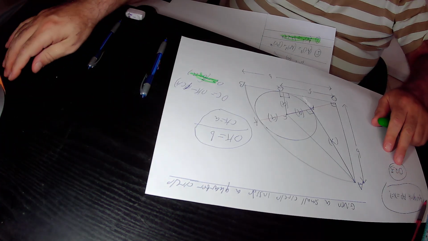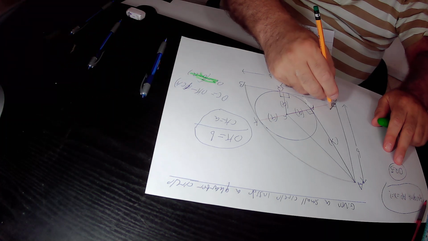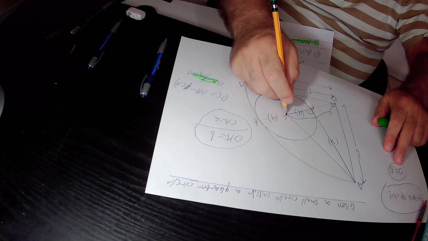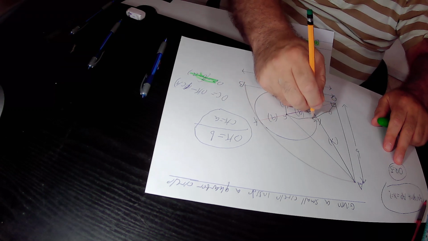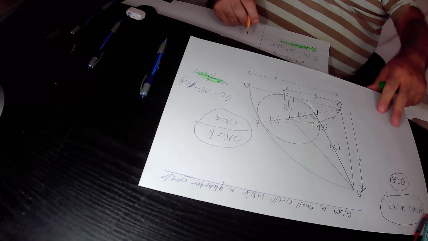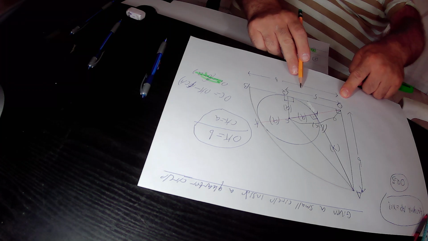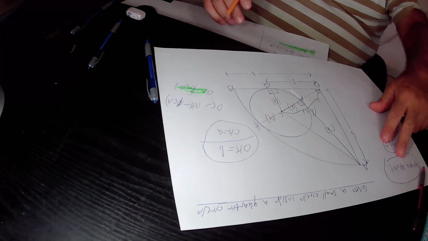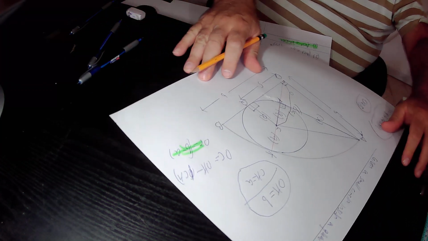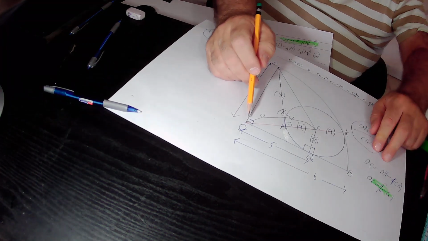So OC equals B minus A units in its length. It is given in the question that OQ equals 5 units in its length. So in the next step, we'll implement the Pythagoras theorem on this right triangle OCQ.